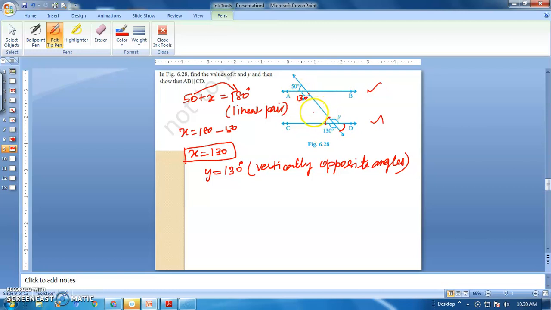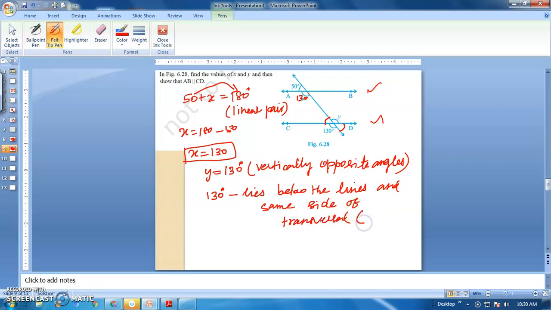So left of the transversal, that 130 degrees lies below the lines and on the same side of the transversal. Same side of the transversal means which side? Left side. So left side of the transversal.